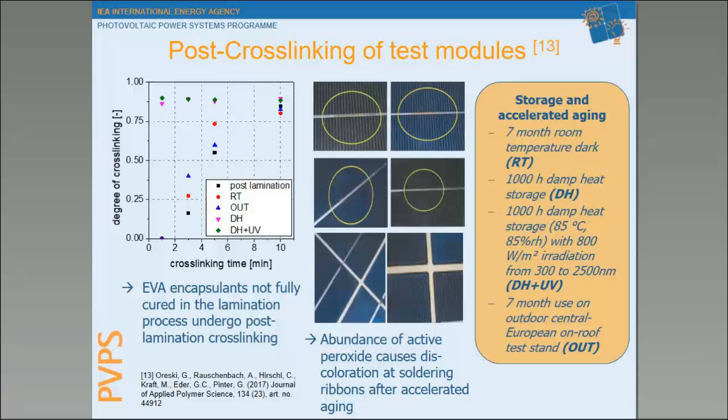You see this in the yellow circles, this discoloration. And after several thousand hours of damp heat test, the power output also decreased just because of this corrosion. And we assume that the remaining peroxide that was not used during lamination caused, under service life conditions, under UV irradiation, side effects that led to this corrosion of the ribbon.